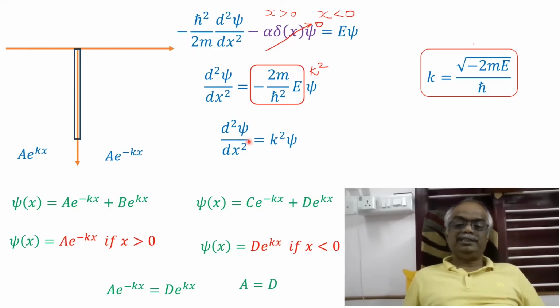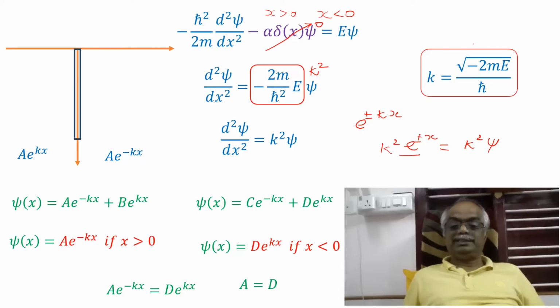So what is the general solution? The general solution must be in the form, ignoring the normalization constant, e power plus or minus kx. If you differentiate this twice, you will get k squared e power plus or minus kx, which is nothing but k squared psi.